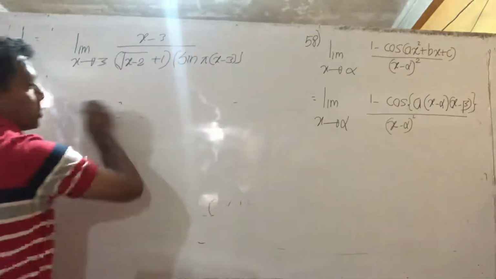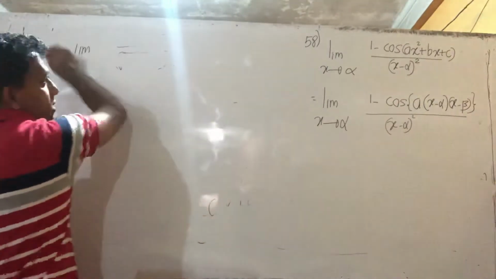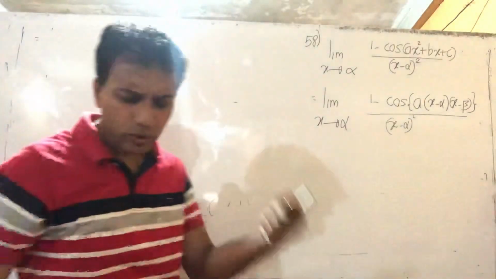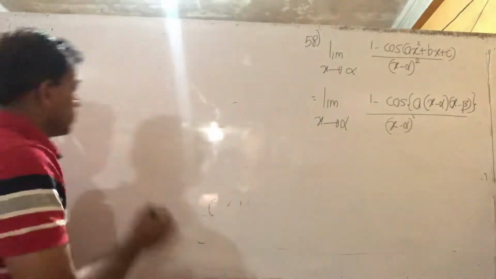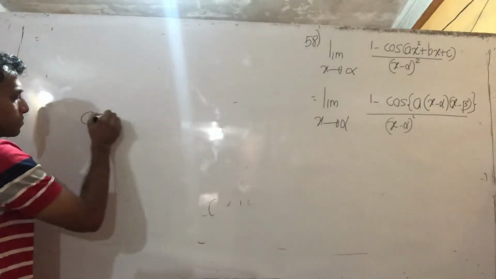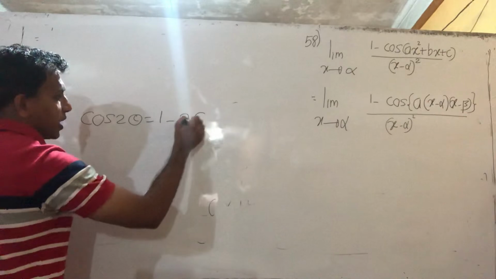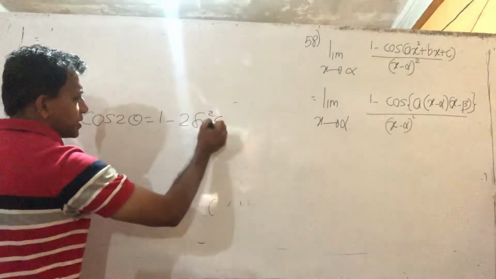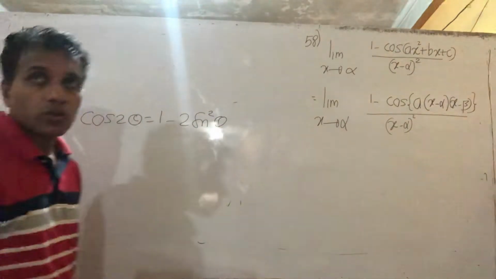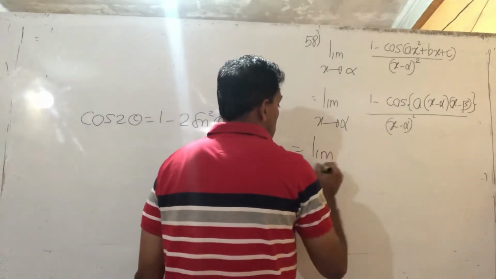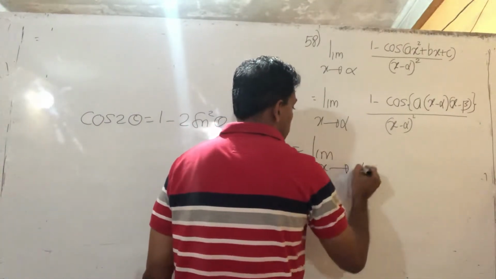Okay, that's all the quadratic equation part. Now change to your trigonometric pattern. You know 1 minus cos in the double angle form. Try to write the double angle pattern: cos 2 theta is 1 minus 2 sine square theta. We worked with this expression many times. So can I write this one? Limit x tends to alpha.